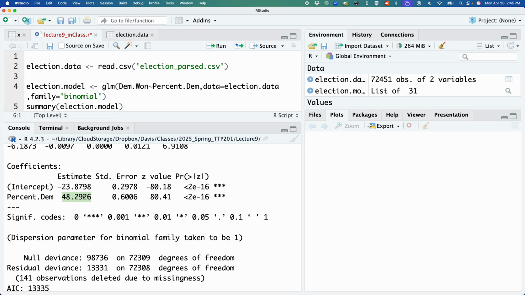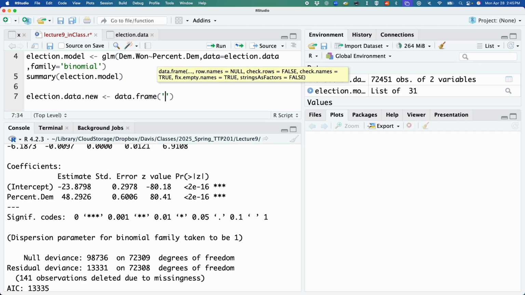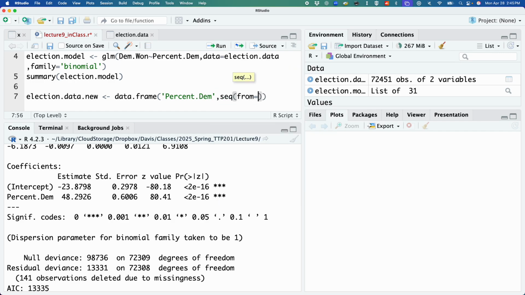So let me show how you might do that instead of just publishing your coefficients that no one can really understand. So I'm going to create a data frame that I'm going to be predicting on.